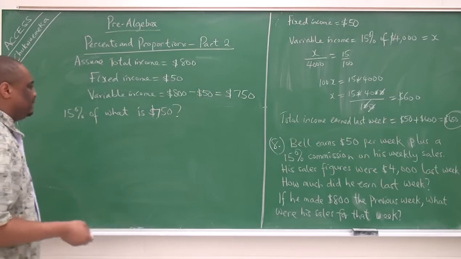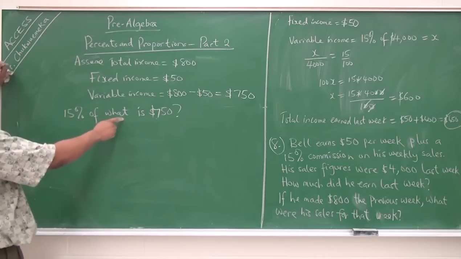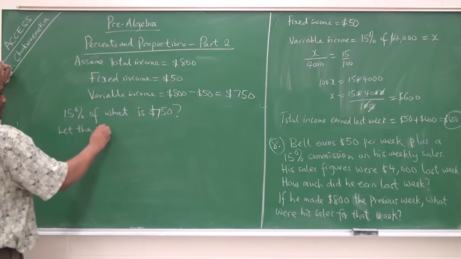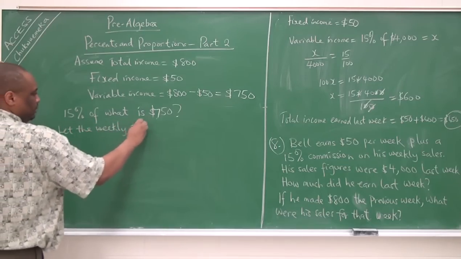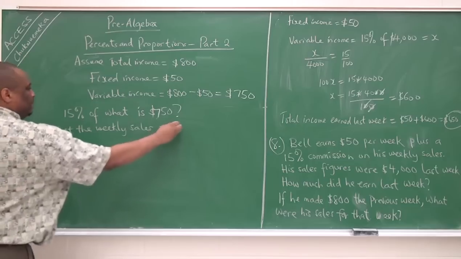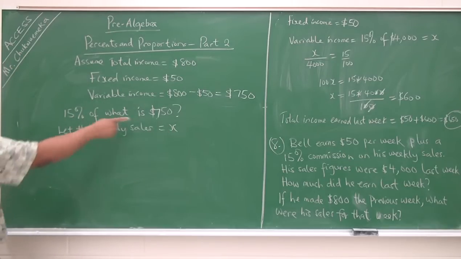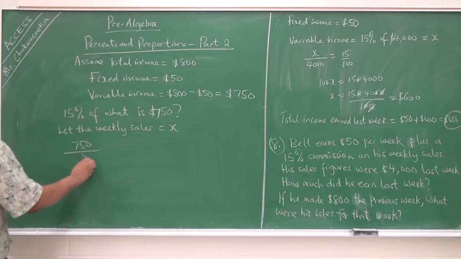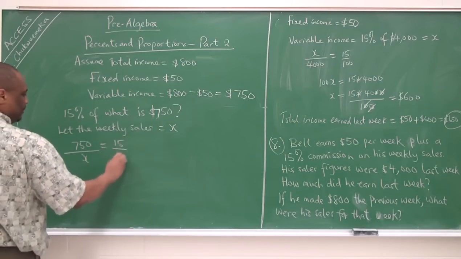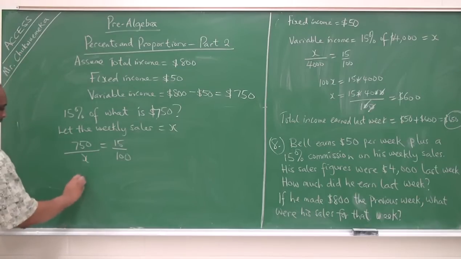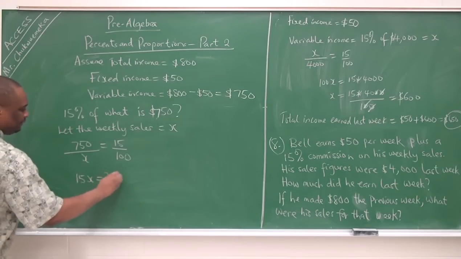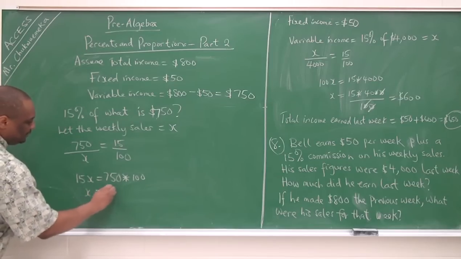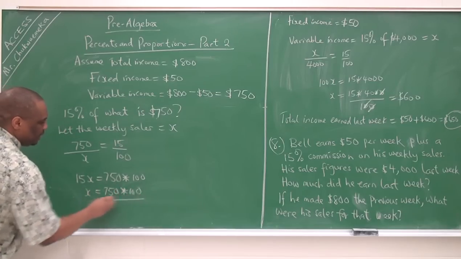So let the weekly sales be X. So 15% of X is 750. So 750 over X is 15 over 100. So this means that 15X is equal to 750 times 100. So X will be 750 times 100 all over 15.